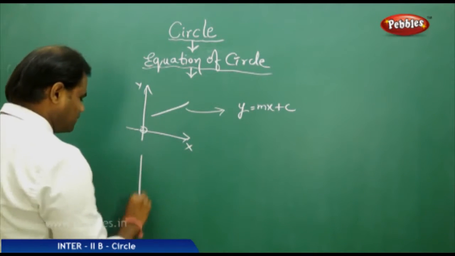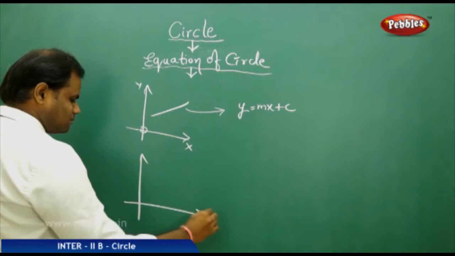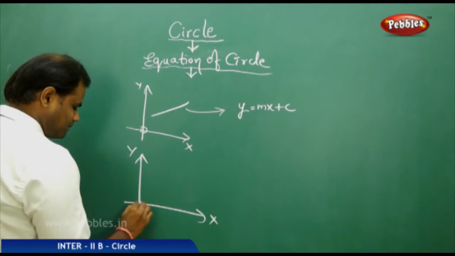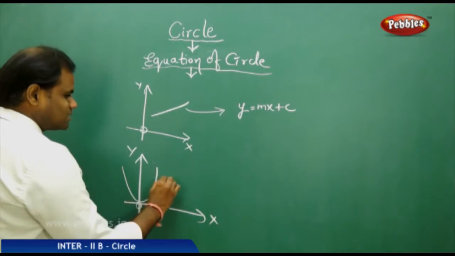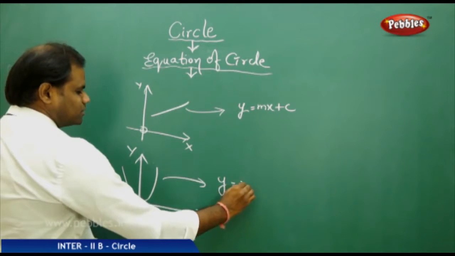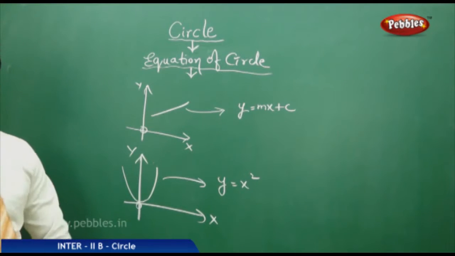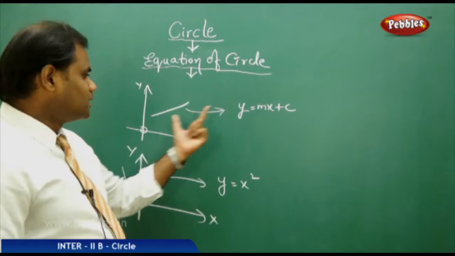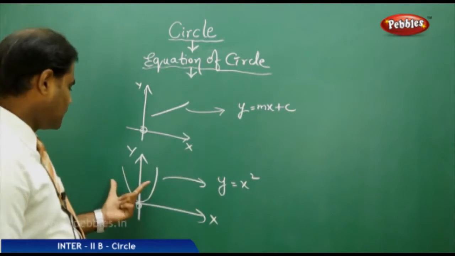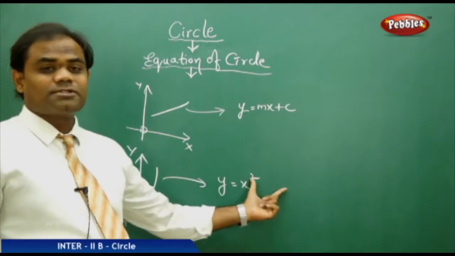Now similarly, when I take x, y and this, if I take a parabola, then I know that this has a parabolic equation y equal to x squared. So different shapes have different equations, like a straight line is given by this equation and a parabola is given by this equation.